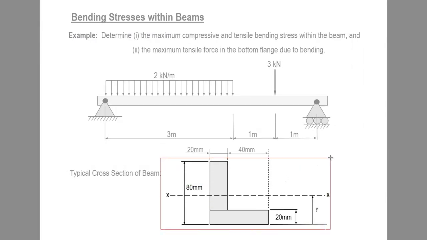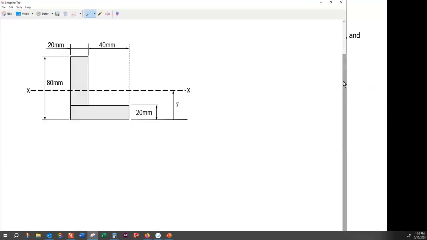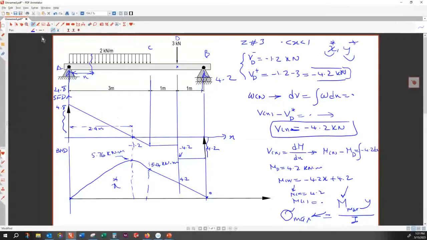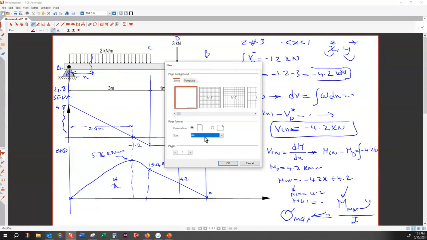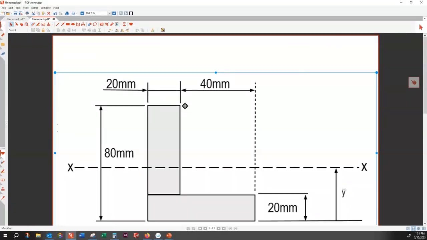We have to find the second moment of inertia for this one. All right. Who can tell me what is the first step if I want to find the second moment of inertia for this section?